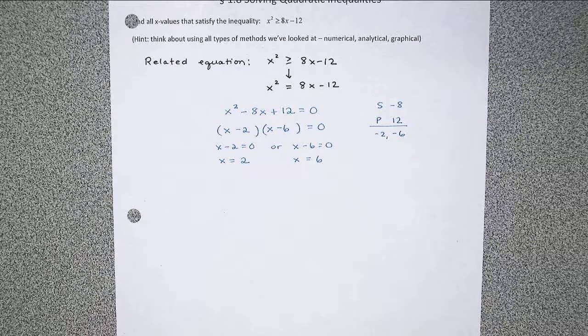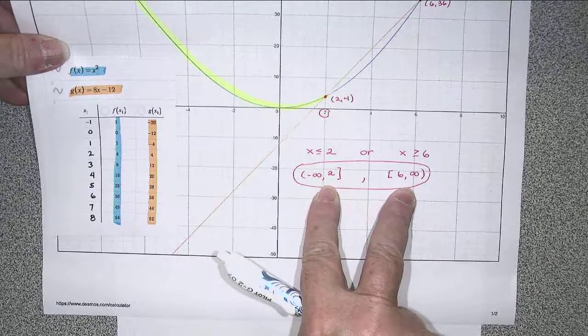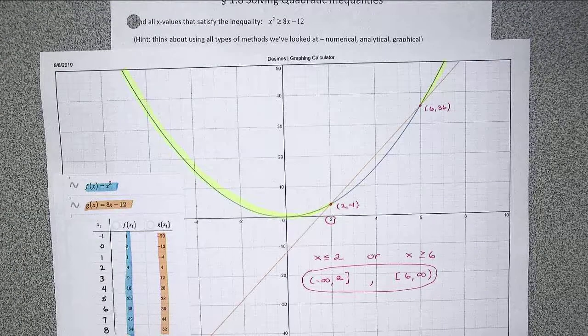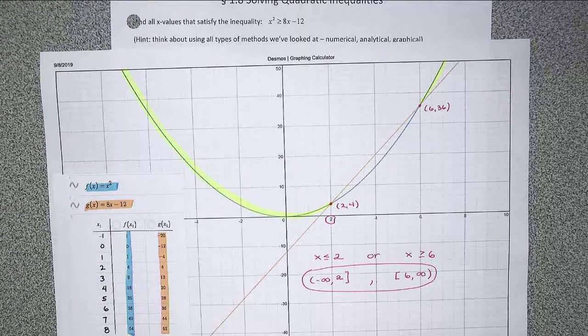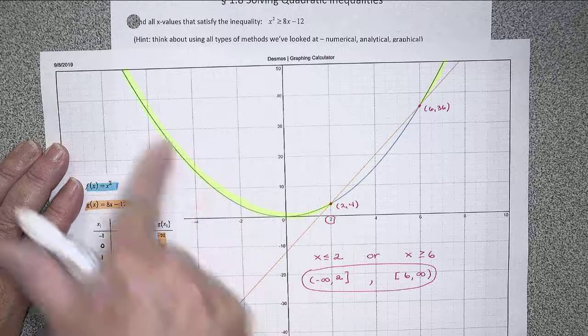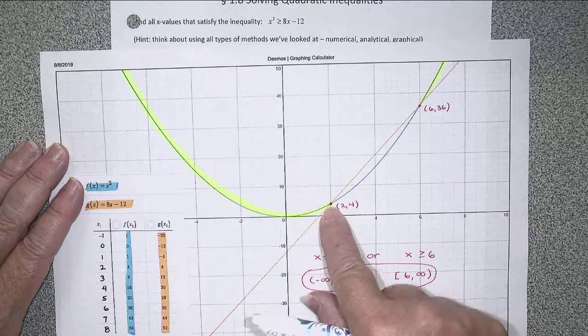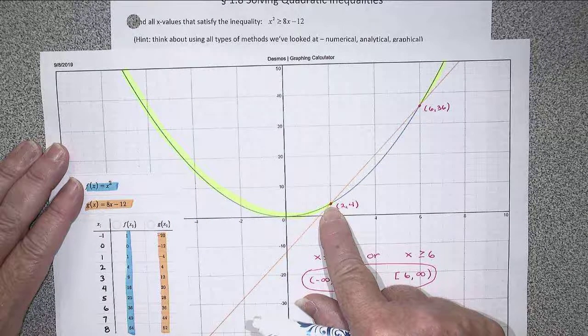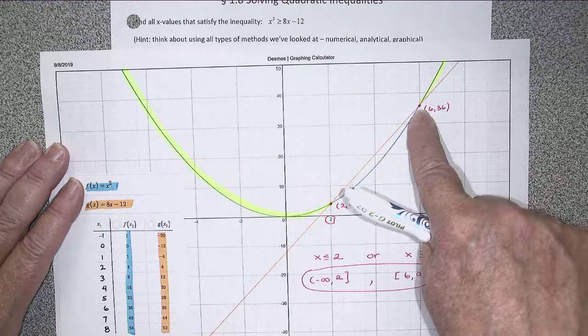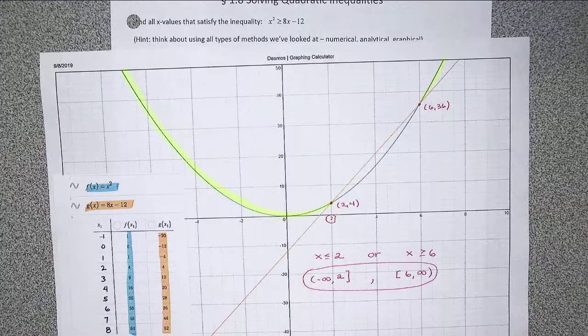All right, how am I going to get from that to these two intervals? Well, essentially, if you remember the graph, everything changes at the intersection points. If the parabola is above the line, it continues to be above the line until we get to that intersection point. Then the line's above the parabola for a while, and it doesn't change again until we get to the intersection point.